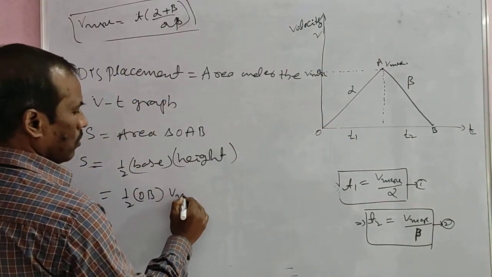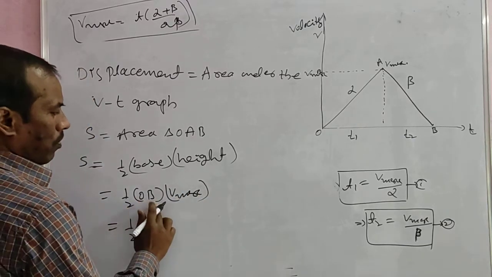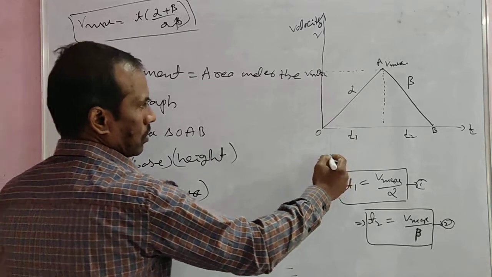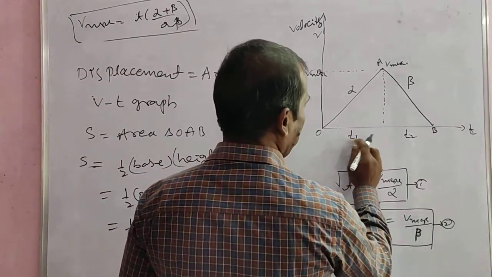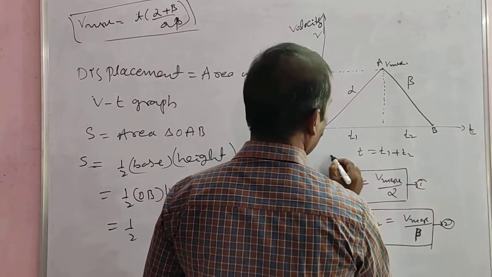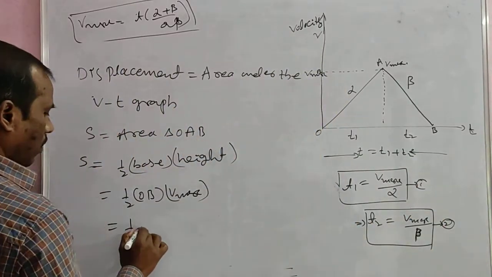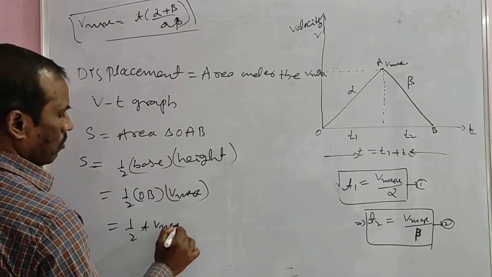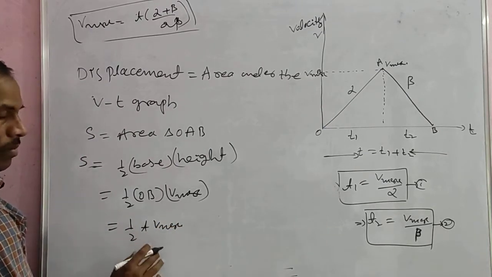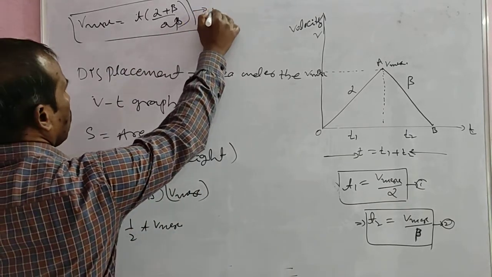So it is 1 by 2, and OB is T, which is T1 plus T2, the total time. So T into maximum velocity. Now from equation 1.